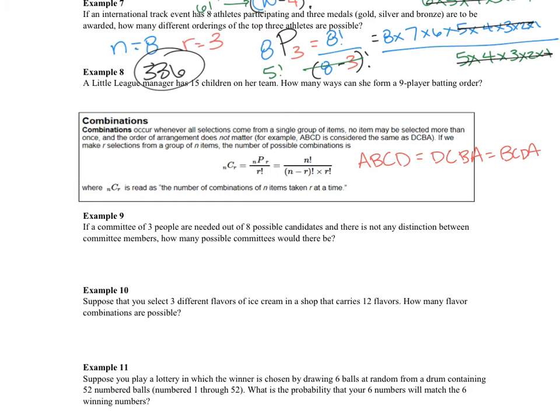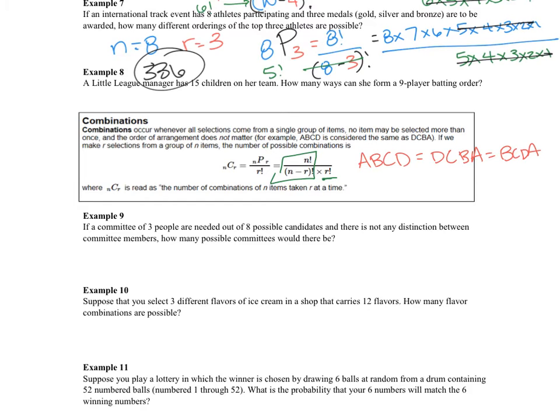Because of that, we need to take out our repetitions. So if you notice this formula for the combinations starts off as the permutation formula. But then we divide by an extra factor, of the ordered numbers we're taking, and that right there takes out the repetitions for us.